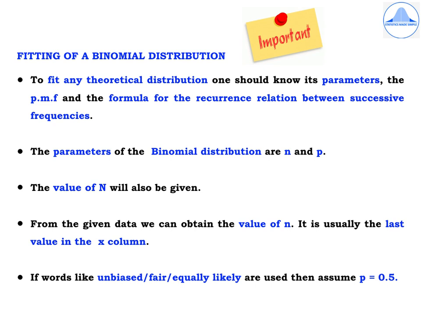Once you have identified small n, capital N and p, next is to check the words which are used in the problem very carefully. If the problem uses words like unbiased, fair, equally likely, the problem can be related to either coins or dice or boys or girls, first PUC students, second PUC students, men, women.